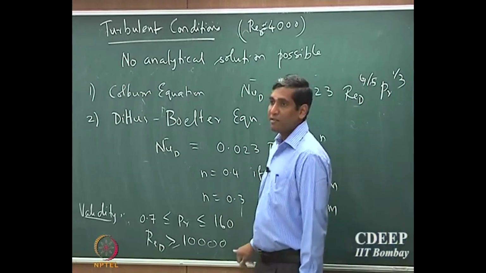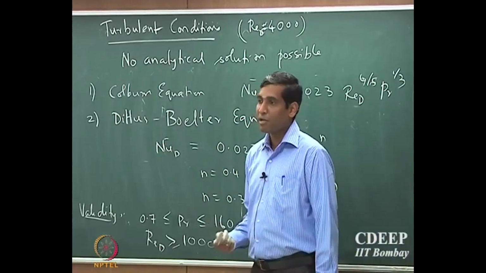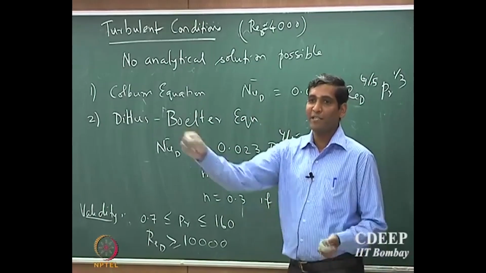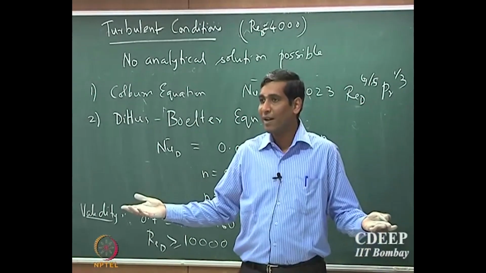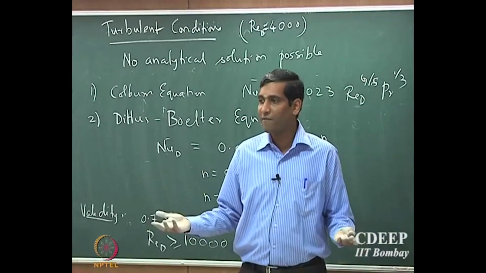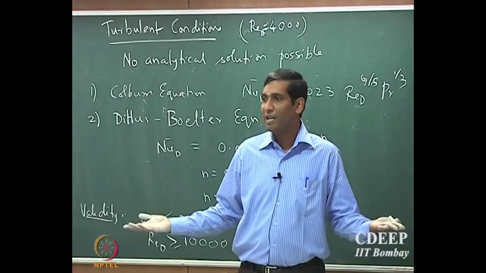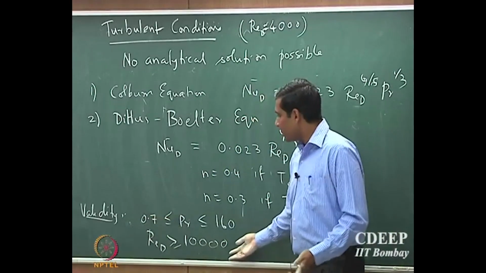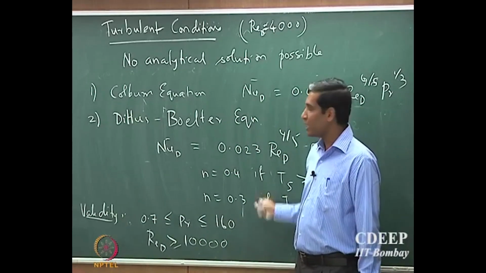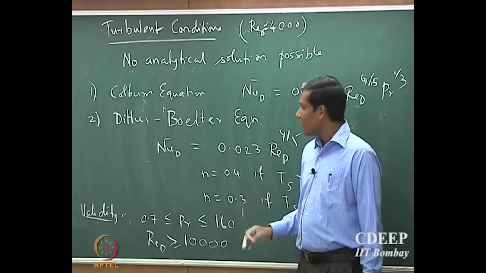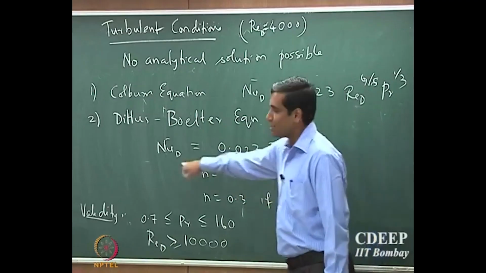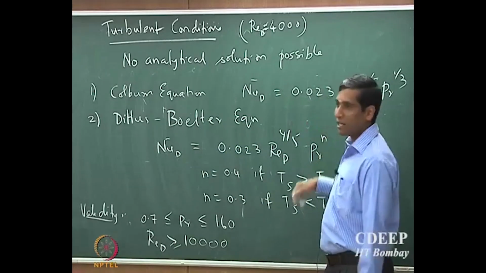So, these validity regions actually play a very important role, and just like in any statistics, you cannot apply a fit to the range which is outside the validity of the fit, right. So, if it is a linear regression fit, you cannot apply the fit to any range which is outside the validity of that fit. So, therefore, pay attention to these validity regimes. Depending upon the Reynolds number and depending upon the properties, you may have to use different correlations. Once again, of course, I can translate the same thing to mass transport problem by replacing the Nusselt number to Sherwood and Prandtl number to Schmidt number.